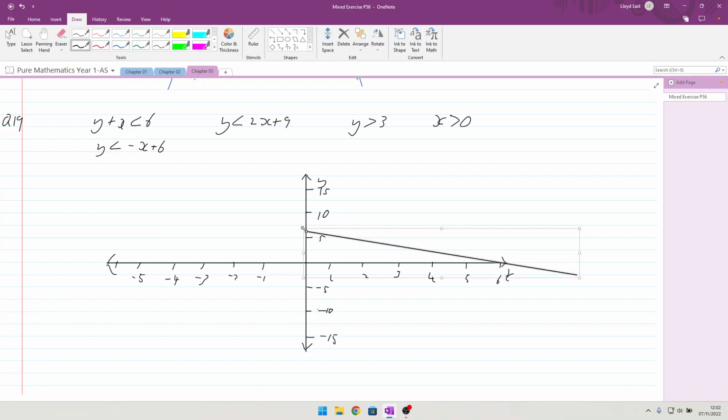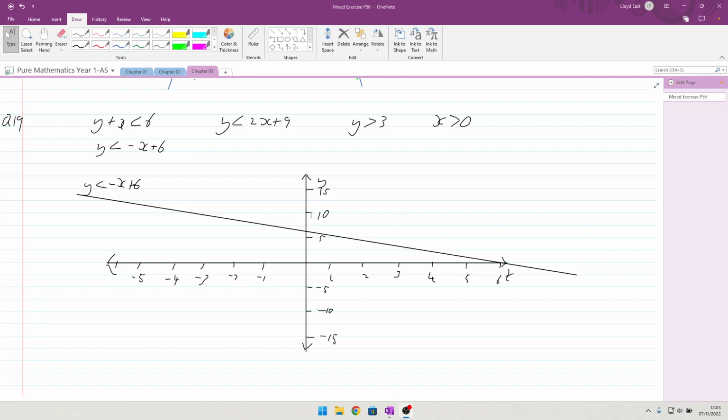There we go. Okay. And so that is y is less than minus x plus 6. Again, it should be dotted. So it should be a dotted line. We'll see if we can find that in a minute.